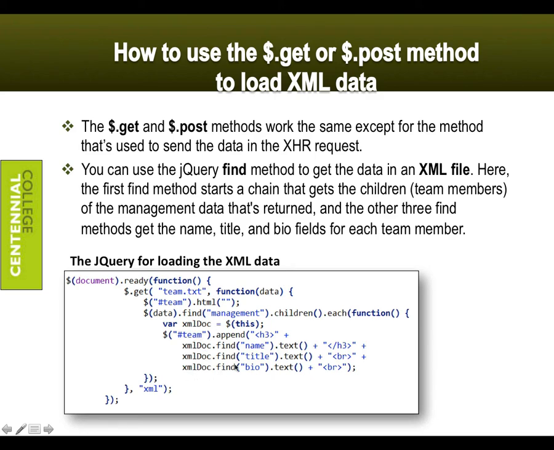I'm using the find method of the XML doc. When I declare XML doc, I'm actually declaring it as the actual get itself, because if you notice, I'm using the this variable. Now this looks very complex, but actually it's very easy. Instead of making an XHR request the old way with JavaScript, this is a shorthand way of doing the same thing. Both ways are valid.